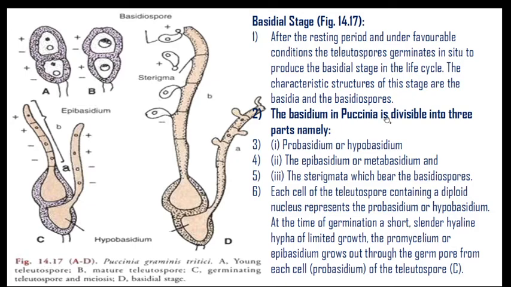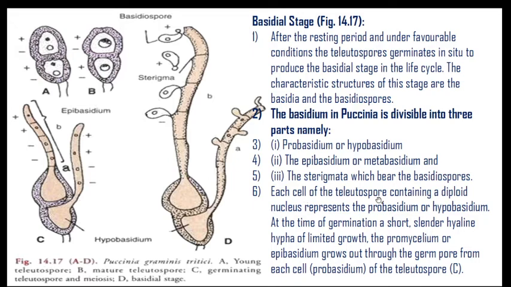Basidium in a Puccinia is divisible into three parts, that is the probasidium or hypobasidium. So this is the hypobasidium. Then the epibasidium, this A and B is the epibasidium. Then the sterigmata, which bear the basidiospores. Here is the sterigmata which can develop into basidiospores.